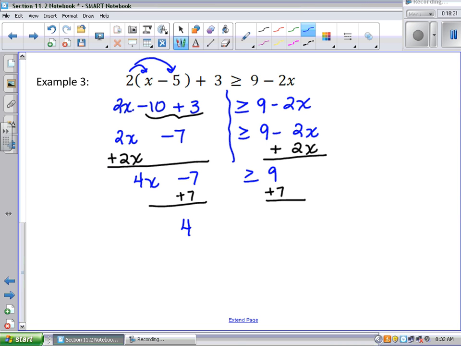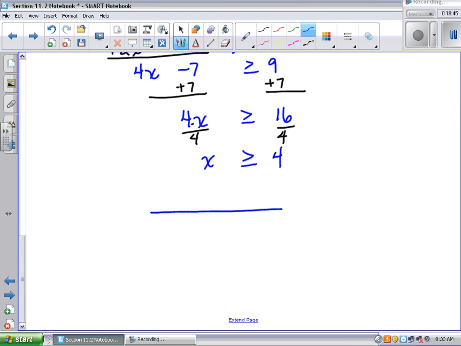And I get 4x is greater than or equal to 16. 4 times x, we need to divide both sides by 4. And I have to think, I'm dividing, but my number is not negative. So I keep the inequality sign the same: x is greater than or equal to 4.